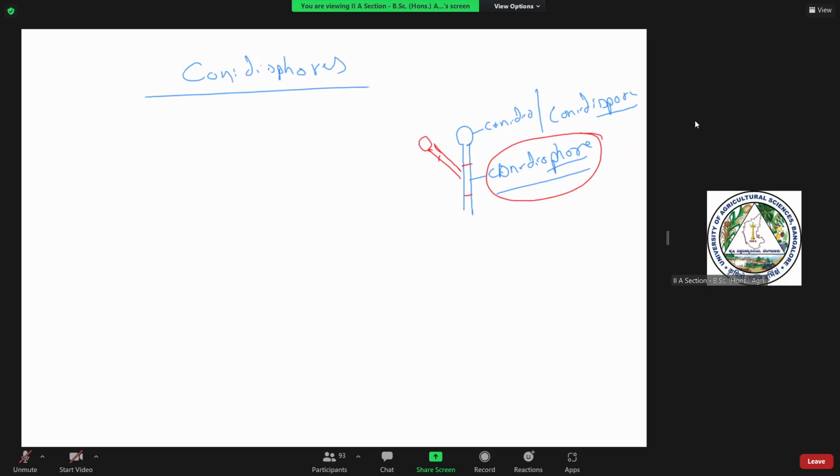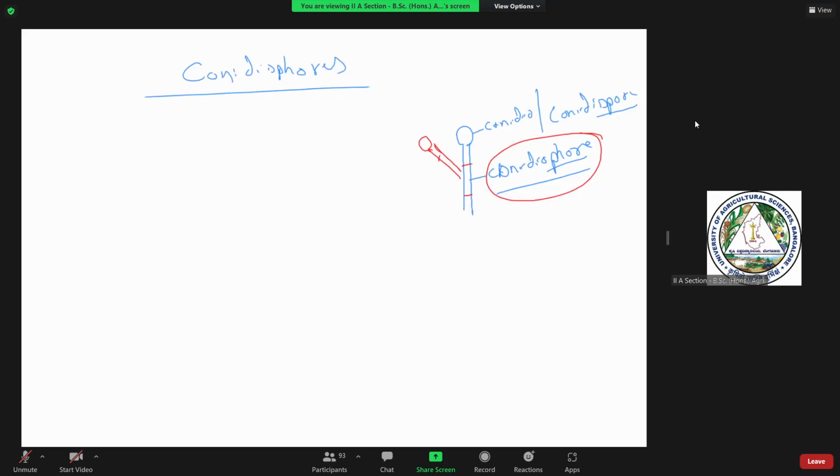Very important is that it is distinguishable from the hyphae, because hyphae also appear the same, but you can distinguish it from the hyphae. That is called a conidiophore. A conidiophore is short or long, branched or simple, septate or aseptate, but it is distinguishable from normal hyphae.